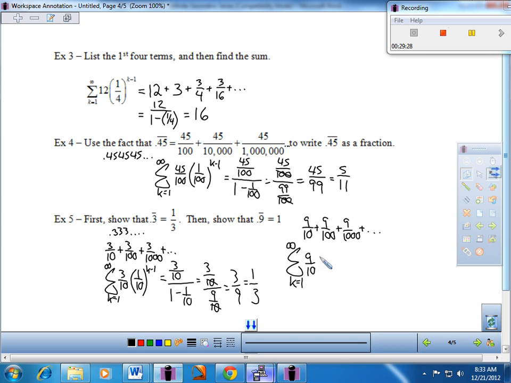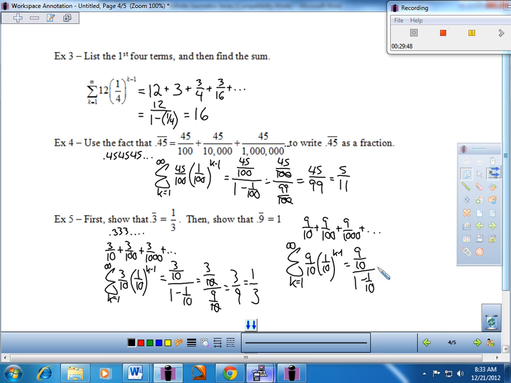The r value is 1/10 again. And so I have my first term, and then 1/10 raised to the k minus 1. And it's a series, so I'm adding them all together. And so what this basically says is 9/10 over 1 minus 1/10. Everyone okay with that?